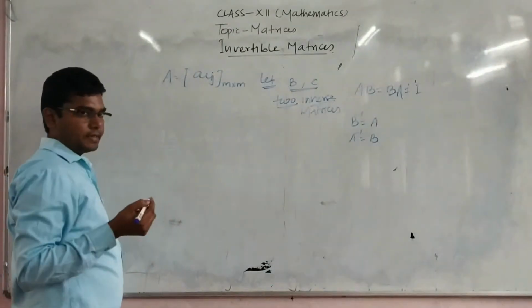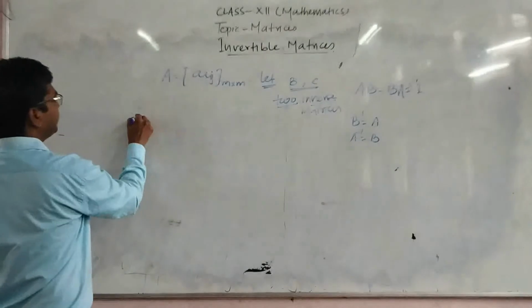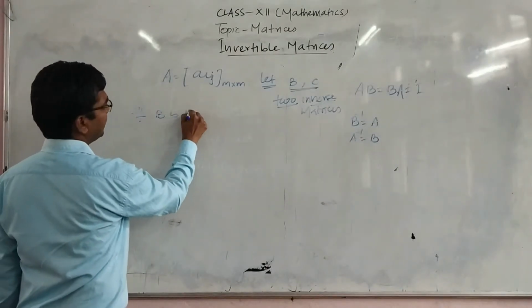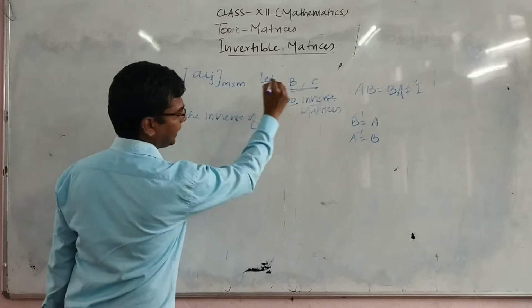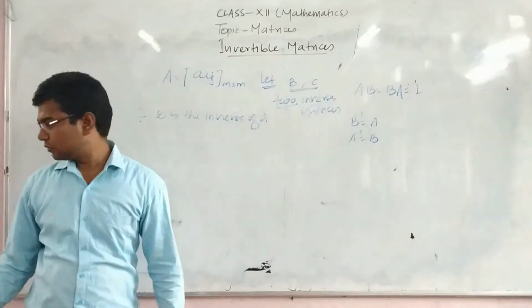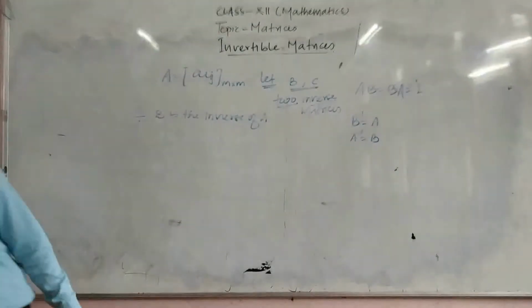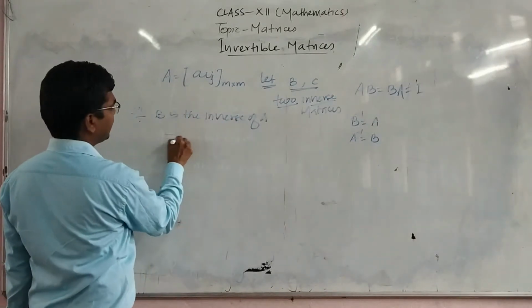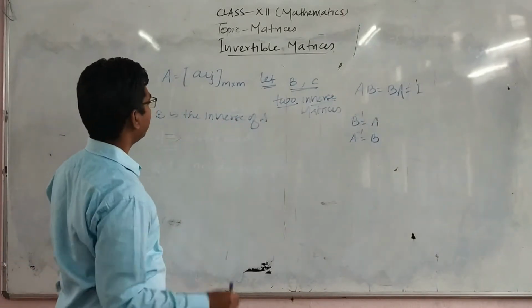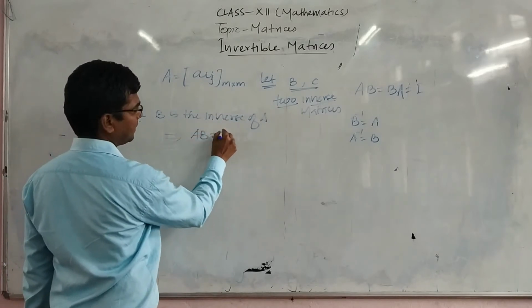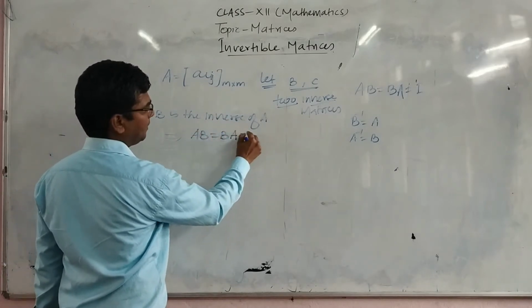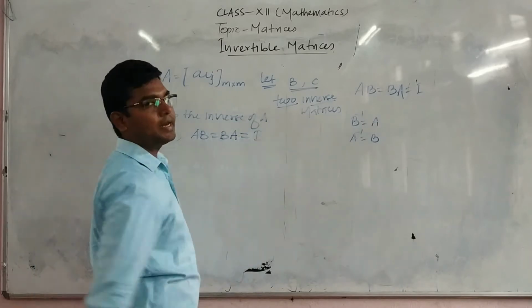So we know that if B is the inverse of A matrix, then we can write AB and BA will be equal to an identity matrix.